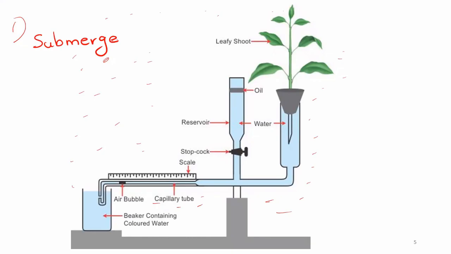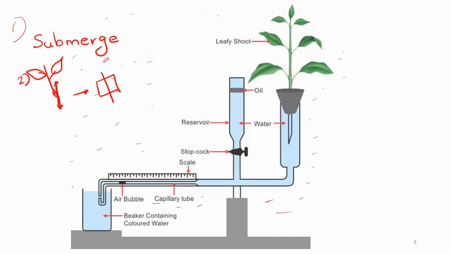Then we have one shoot, the plant shoot. This shoot should be cut in a slant position and put into the cork. This is the cork.